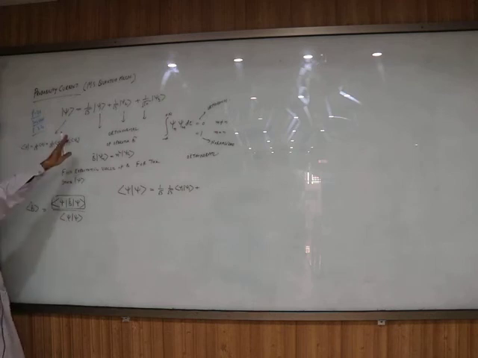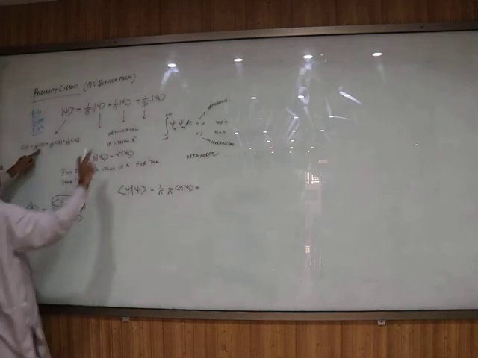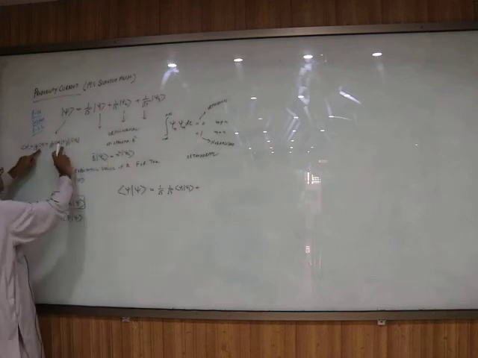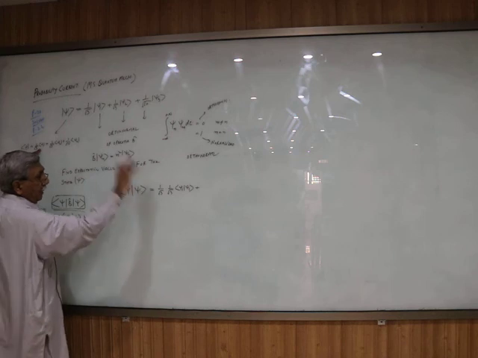So you multiply it, and each term will be multiplied with all the 3. You will be having 9 expressions.